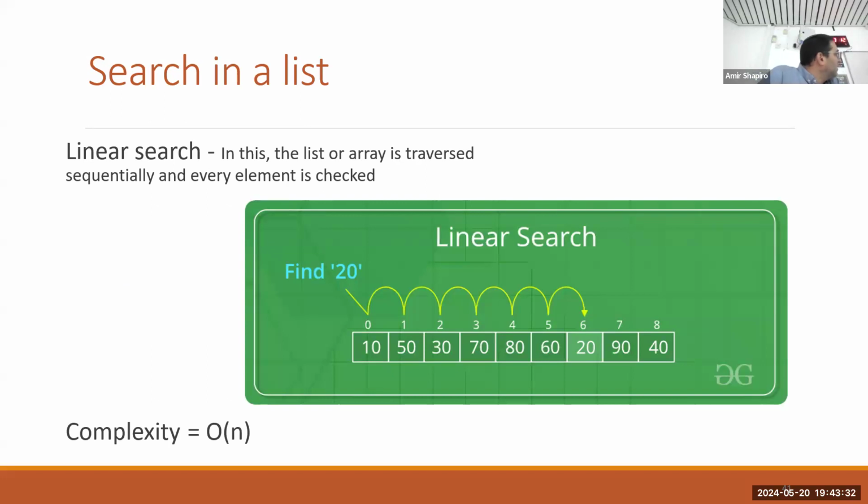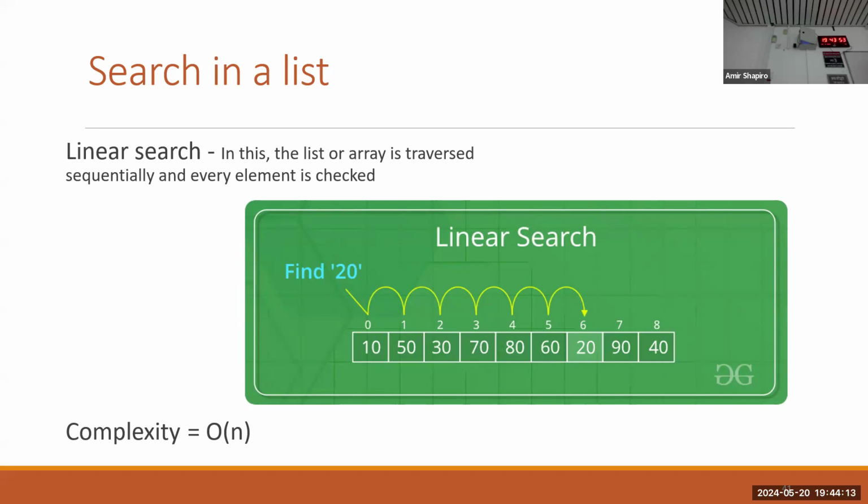Now let's talk about a list and the complexity of searching for an item in a list. So if I have a list and I need to find this number 20. 20 is in some cell in the list. So the simple thing to do is to go one by one, ask every cell if it's 20.